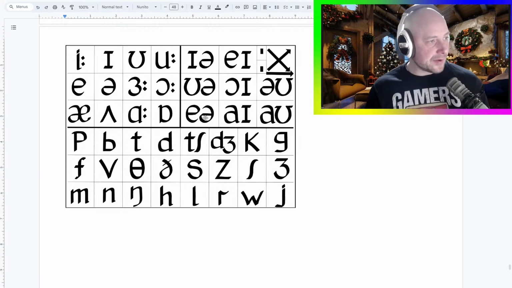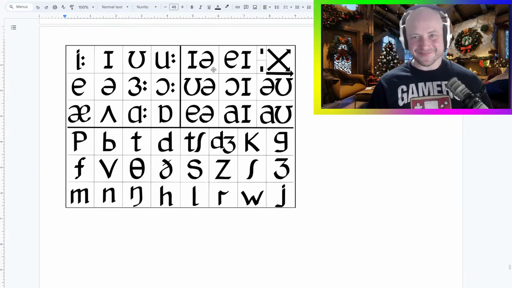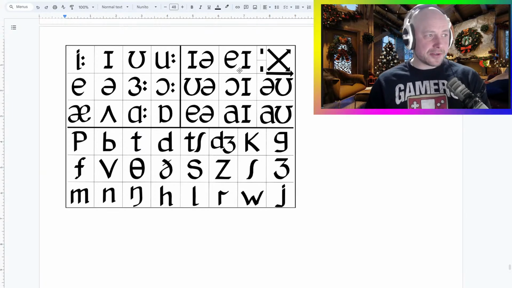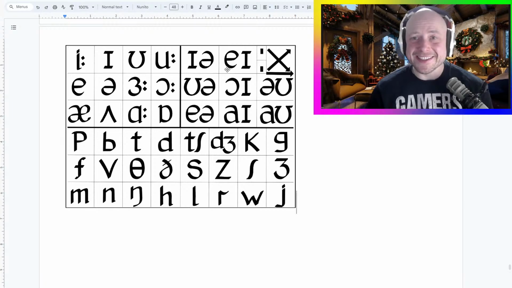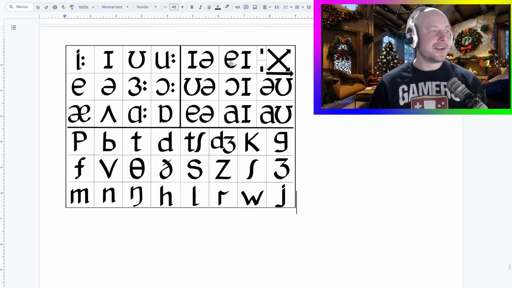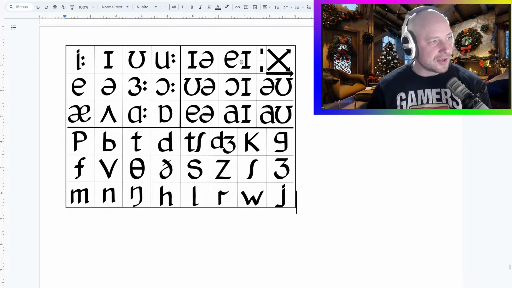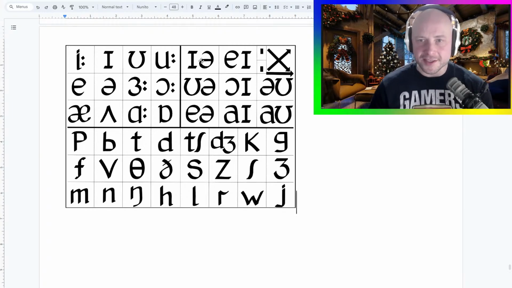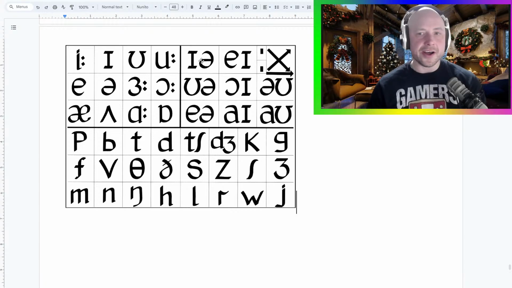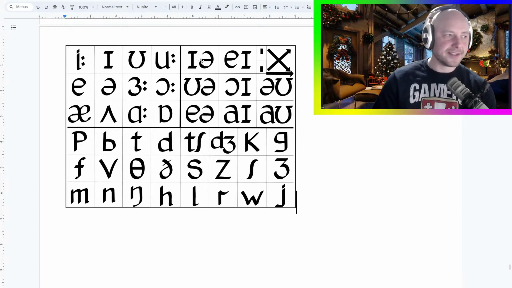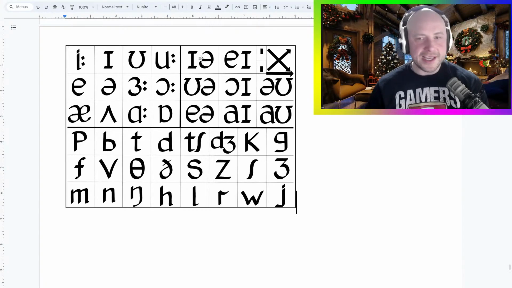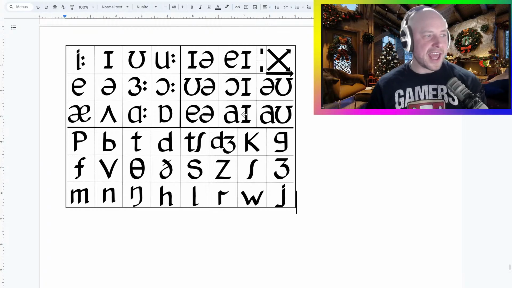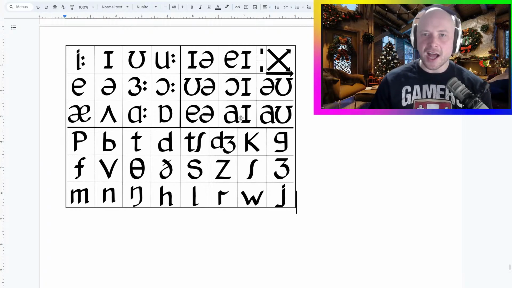Right. Then we've got the diphthongs. So the diphthongs are very important for RP. Very, very important. Okay, let's have a look at some of those. Ear. So there's your RP. Here. Here. Ear. Then you've got A. I say.